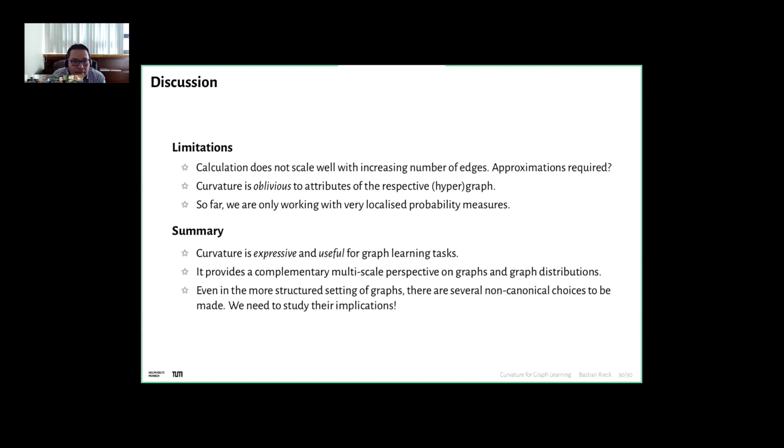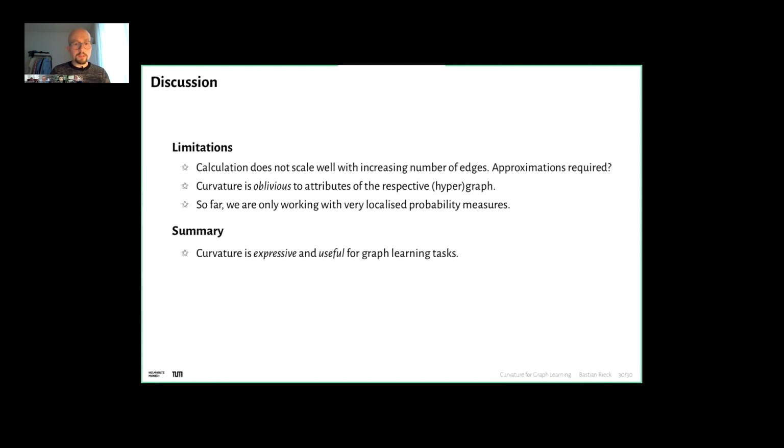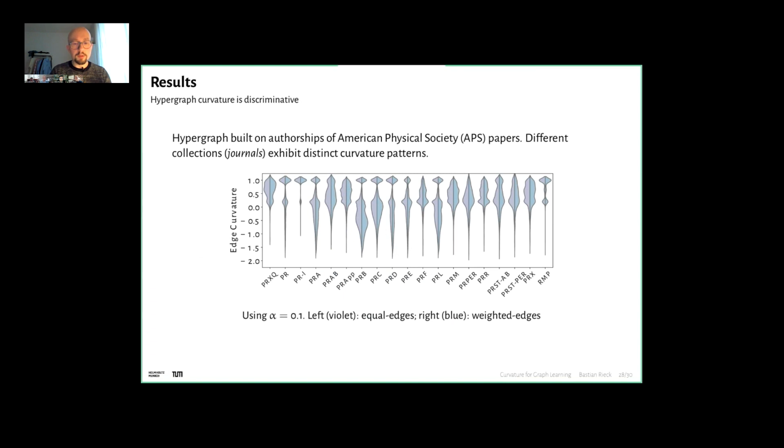Yeah, so this is a very good question. I don't know everything by heart at the moment, but what we did is we compared to existing network measures as well, and we found that curvature carries more information than those. But I want to stress that when I show you this graph, this doesn't necessarily mean that we are the only ones picking up on that difference.